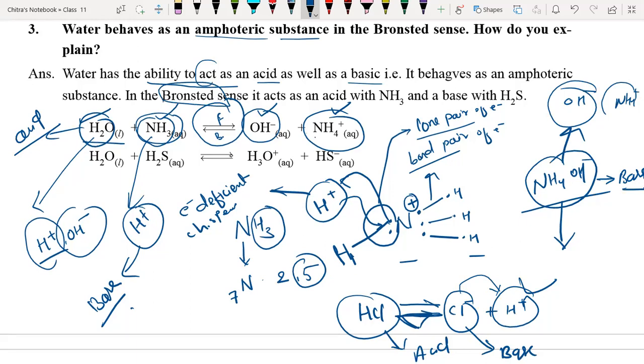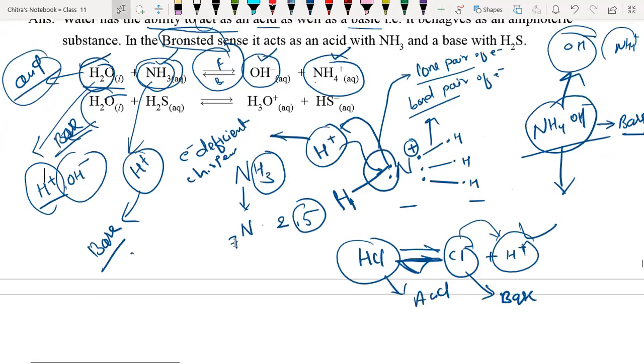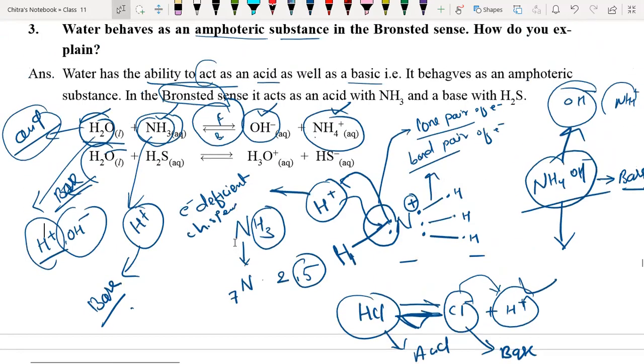We can conclude that here water is acting as an acid, and in the other reaction it is acting as a base. That's why we can say the water molecule acts as an acid as well as a base. That's why it is amphoteric in nature.